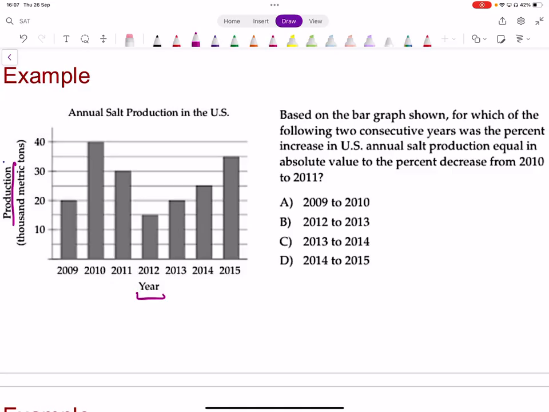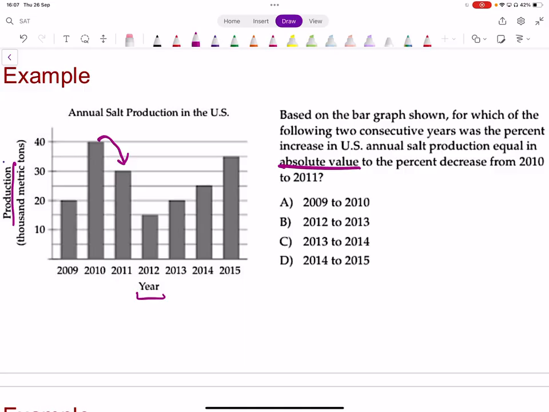In which 2 consecutive years was the percentage increase in the annual salt production equal in absolute value to the percentage decrease from 2010 to 11? Okay, 10 to 11, there's a percentage decrease. Between which 2 years was this percentage decrease the same as the percentage increase in that year?